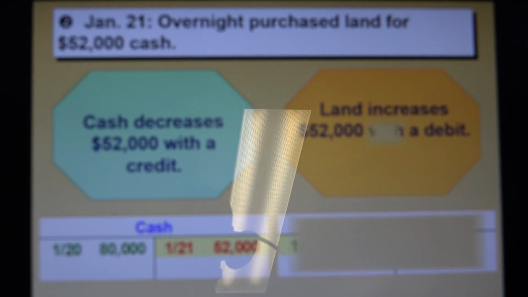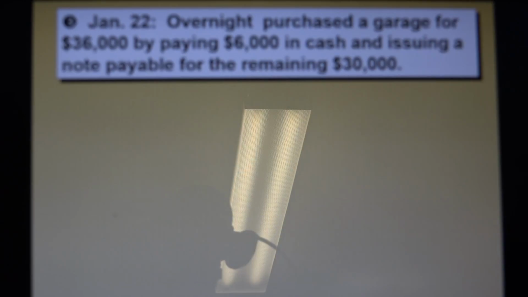Overnight purchased land for $52,000. If you recall, these are transactions that occurred in the last chapter, so you should be familiar with them. So we decrease cash by crediting it, and we create another ledger account called land, which is an asset. So we debit, increase land.